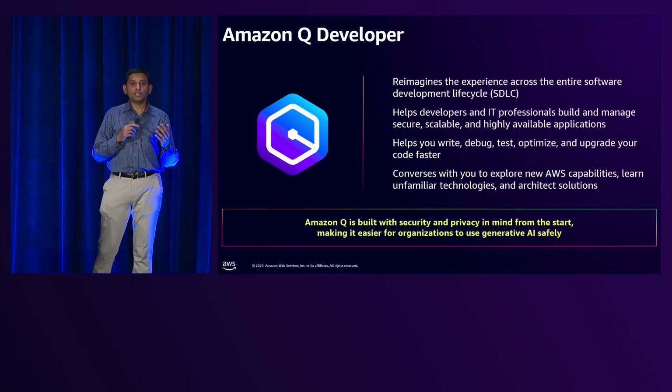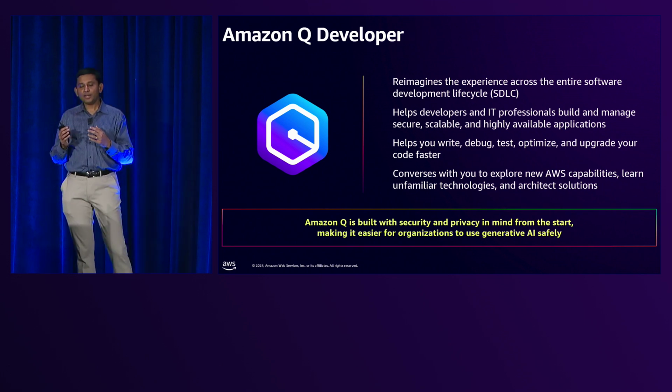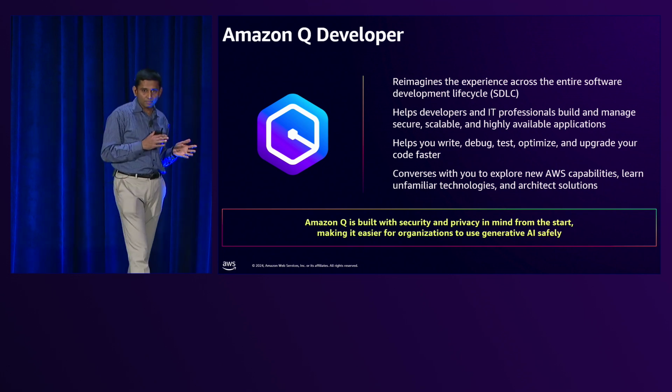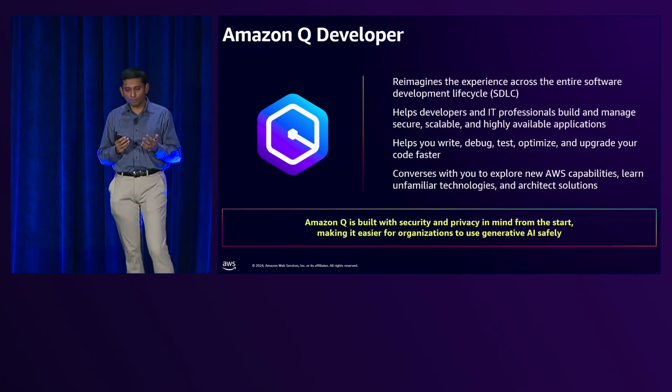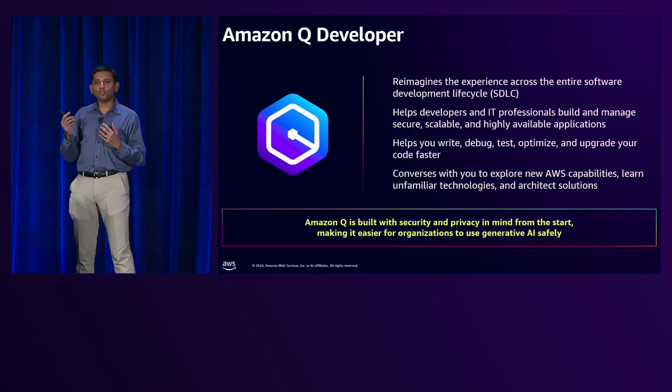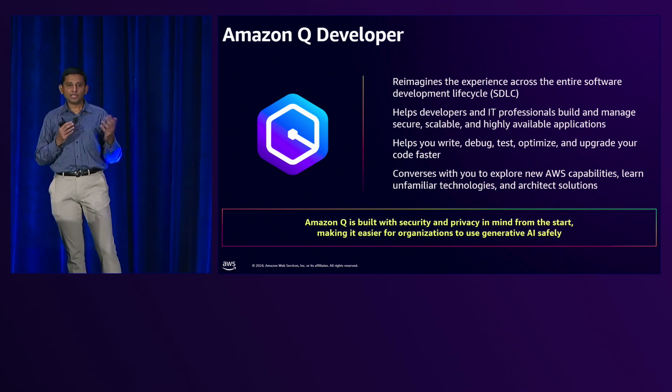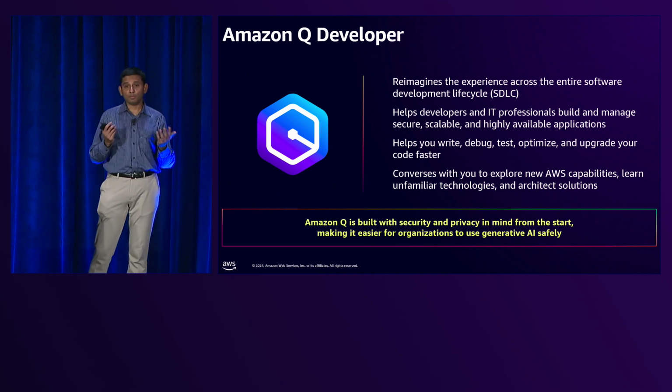It also assists developers and IT teams in creating and maintaining applications that are secure, scalable, and highly available. Amazon Q Developer enables faster code authoring, debugging, testing, optimization, and even upgrading code.